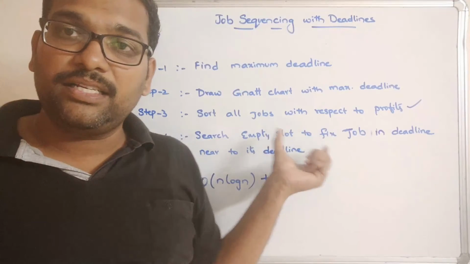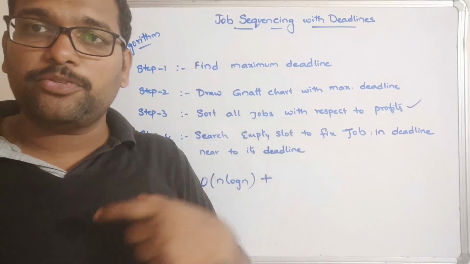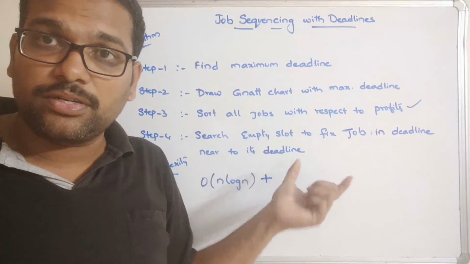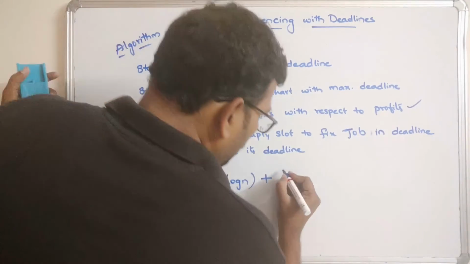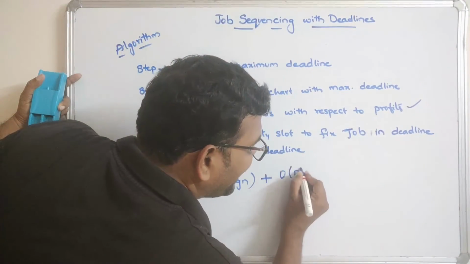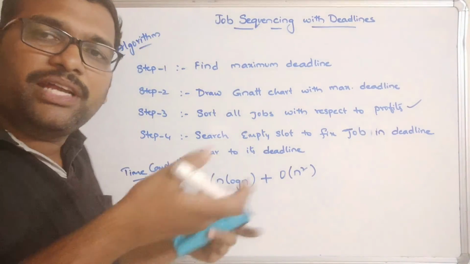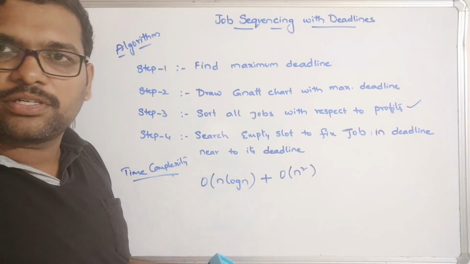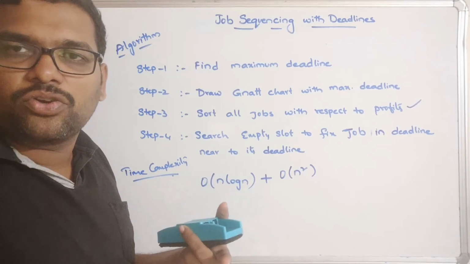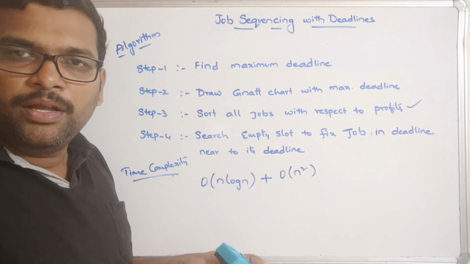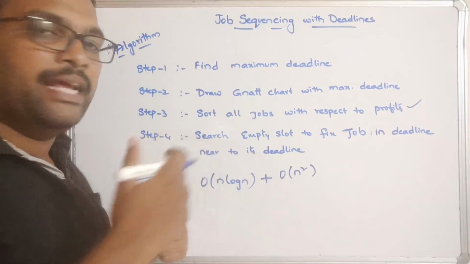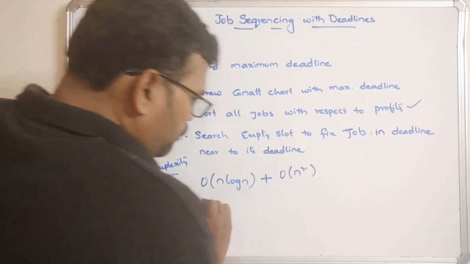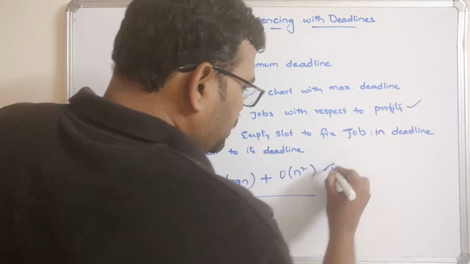So how many searches we have to do? So if there are n jobs, we have to search for n slots, okay. So obviously it will be order of n square. So n jobs, n slots, whatever it may be, no problem. So it will be order of n square. So the highest degree, what is the highest degree? This one.